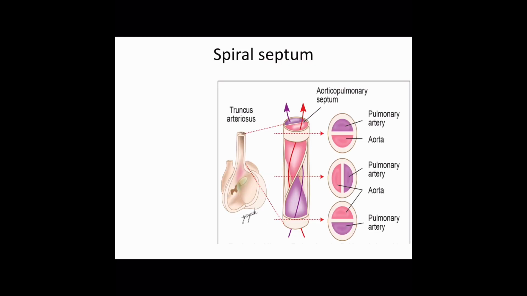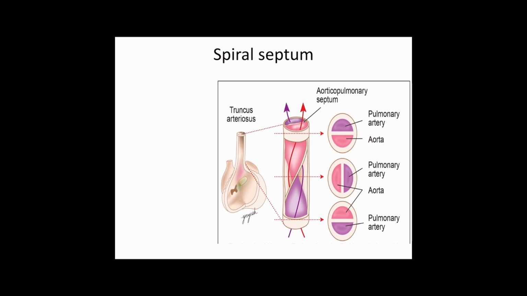Right, now the spiral septum. Understand that within the truncus arteriosus, a spiral type of septum appears in such a way that it forms the aorta in the posterior part in the lower aspect, then to the right in the middle aspect, and anteriorly in the upper aspect.